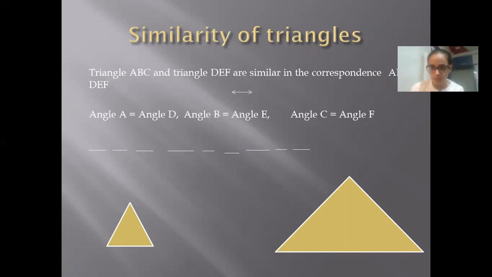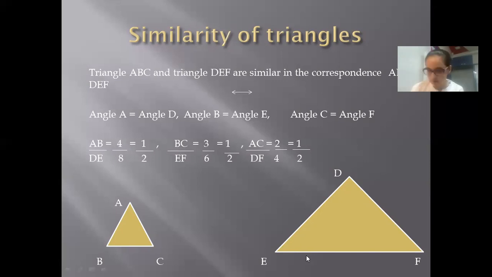Okay, in which it is already given that angle A is equal to angle D. So let me tell you which one is angle A and angle D. So you see over here, angle A is equal to angle D. So both the angles are equal. And angle B is equal to angle E. And angle C is equal to angle F. This is already given to us.